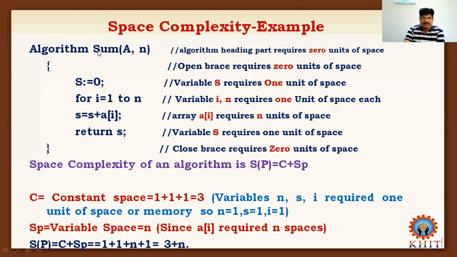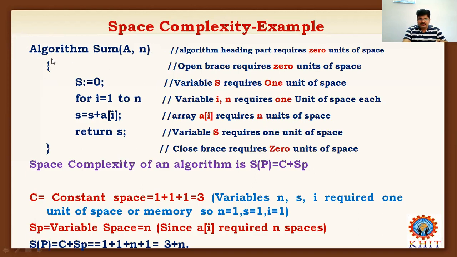Here I am passing two parameters, namely A and B. The first statement of an algorithm is considered as the heading part of an algorithm. The heading part of an algorithm takes 0 units of space. That means no space is required for storing the header part of an algorithm.